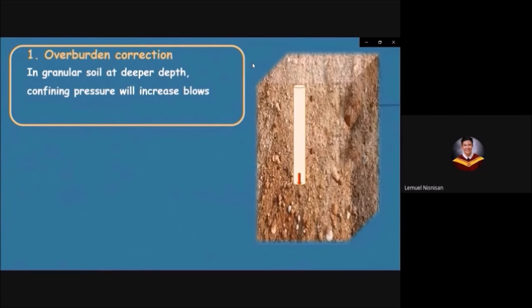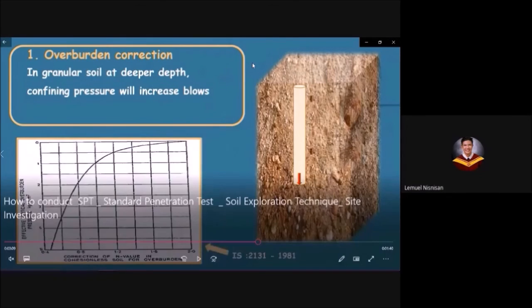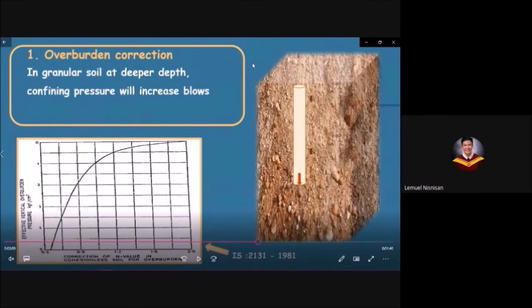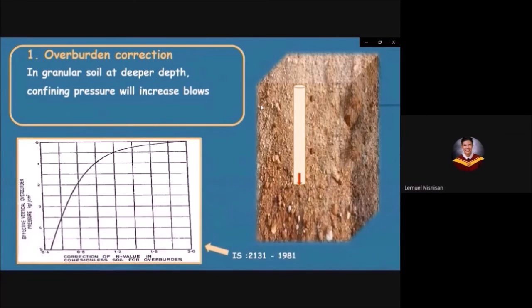If two soils having the same relative density but different confining pressures, the one with higher confining pressure gives a higher penetration number, as the confining pressure in cohesionless soils increases with depth. The penetration number for soils at shallow depths is underestimated and that at greater depths is overestimated.